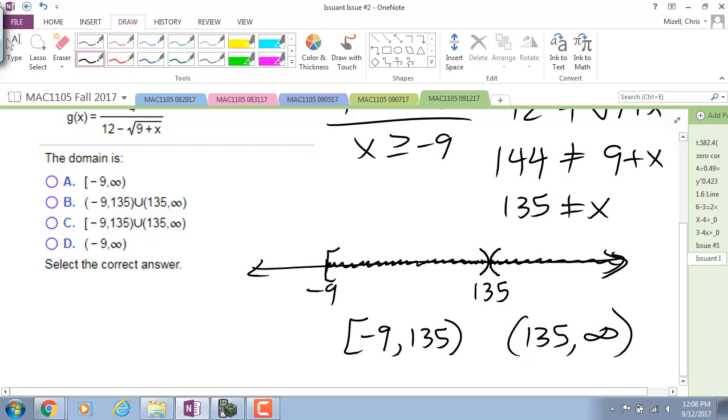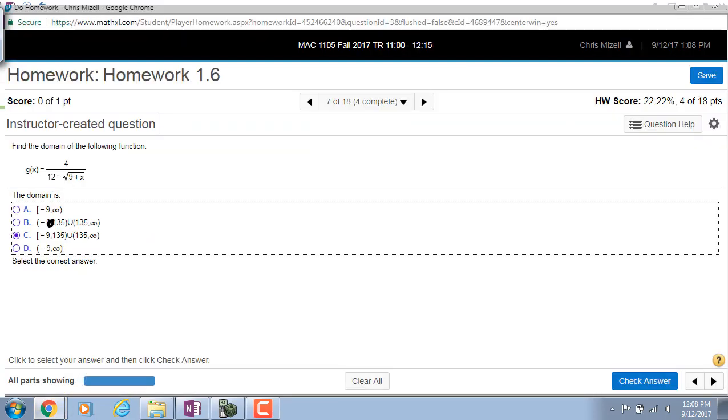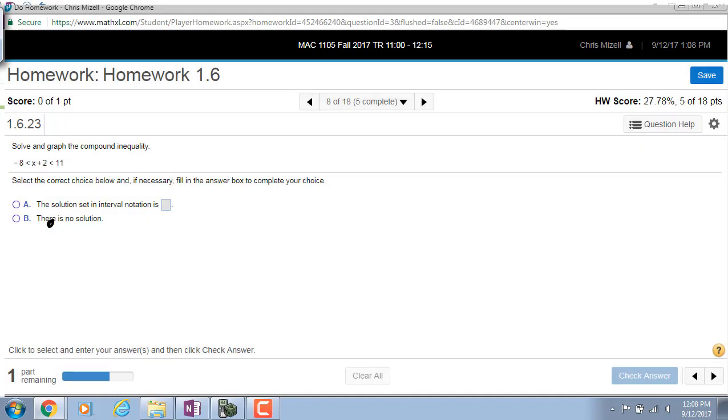And to indicate that it's everything in either one of these intervals, we use the symbol for union. So it's going to be this one. Hopefully it likes the C part. And it does. 6 minutes and change. Let's look at a compound inequality.